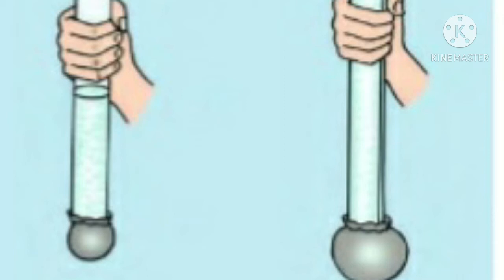sheet. Now, keeping the pipe vertical, let us pour some water in the pipe from the top end. We will find that on pouring water in the pipe, the rubber sheet tied to its bottom stretches and bulges out.